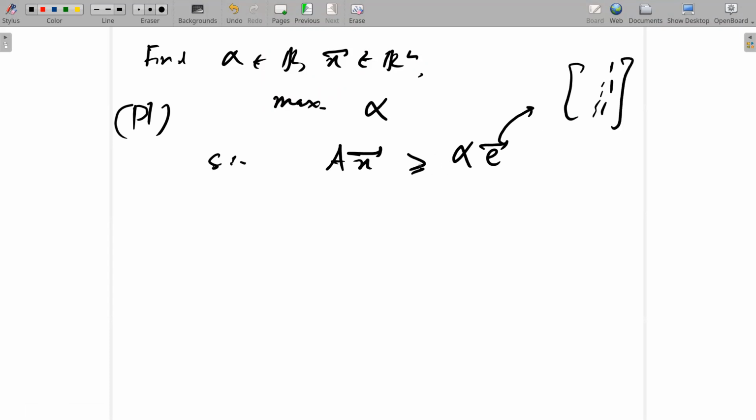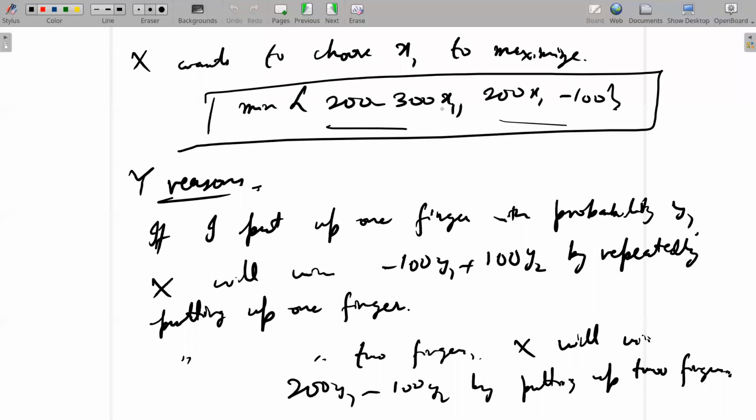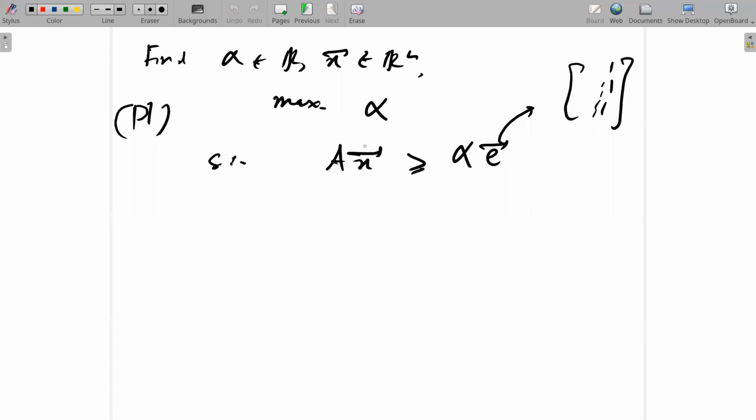So this is essentially minimizing the maximum. You have all these options, each of these entries, 200 minus 300 x1, 200 x1 minus 100, all of them in this column, and you want to find an alpha which is less than or equal to all of them, the greatest lower bound in that case.